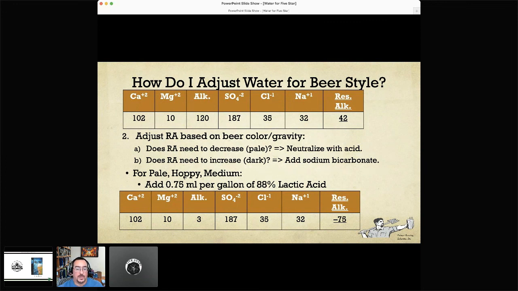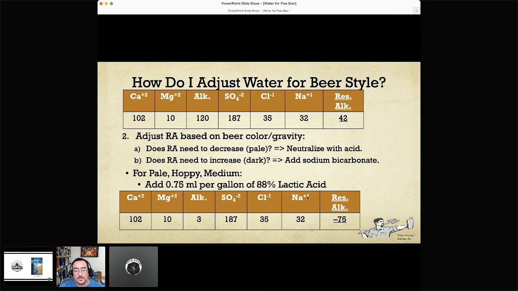But for a pale, hoppy, medium profile, I'm going to start by adding 0.75 milliliters per gallon of the 88% lactic acid. And I should add that my water app and other brewing software out there, Beersmith and Brewer's Friend, for example, and Brewing Water, will all calculate or estimate the amount of acid that you need to change your residual alkalinity.